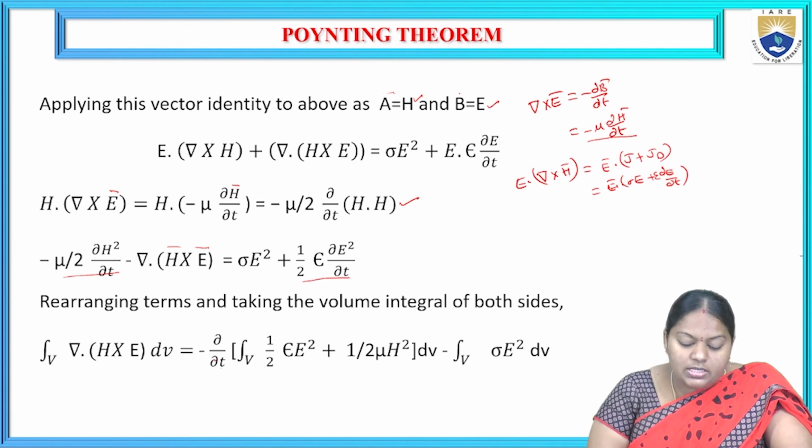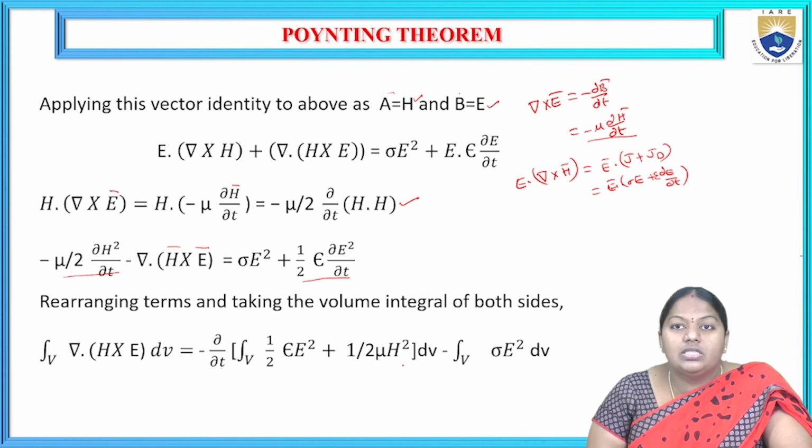Right? So minus dou by dou t integral V 1 by 2 epsilon E square plus 1 by 2 mu h square into dV minus.